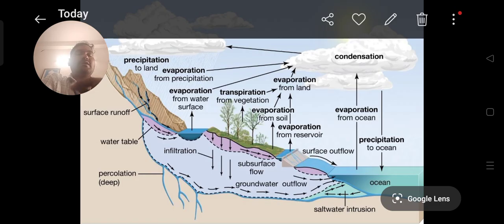The clouds then move along with the wind direction, and as they move, the small clouds are clubbed together and finally form huge clouds. Generally there are two types of clouds, negative clouds and positive clouds.